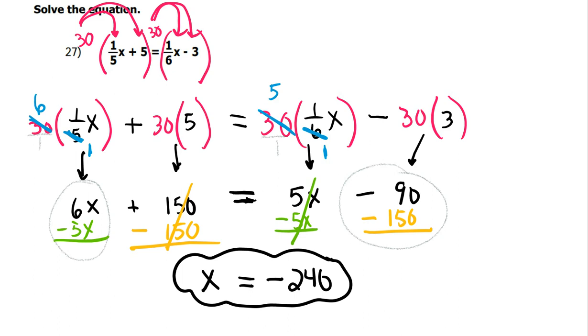I just grab my calculator since I have such a fancy one and take 1/5 times a negative 240. All right. And that's going to be a negative 48. And negative 48 plus 5 is, my calculator did something weird. There we go. Is a negative 43.